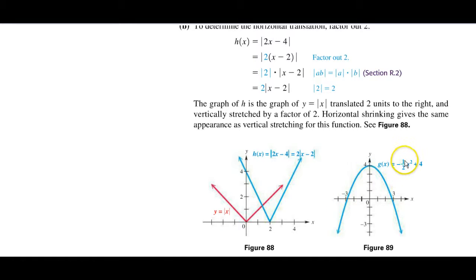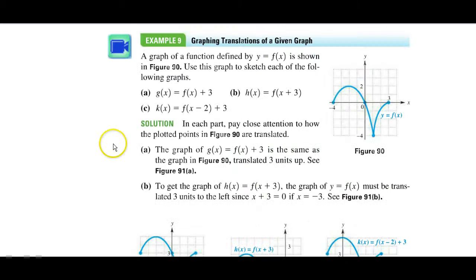And again, if this were 2 or 3, it would come in closer to the y-axis. If it was 1/4, it would open up wider. Sort of the opposite of what we have here. Okay, lots of stuff going on.